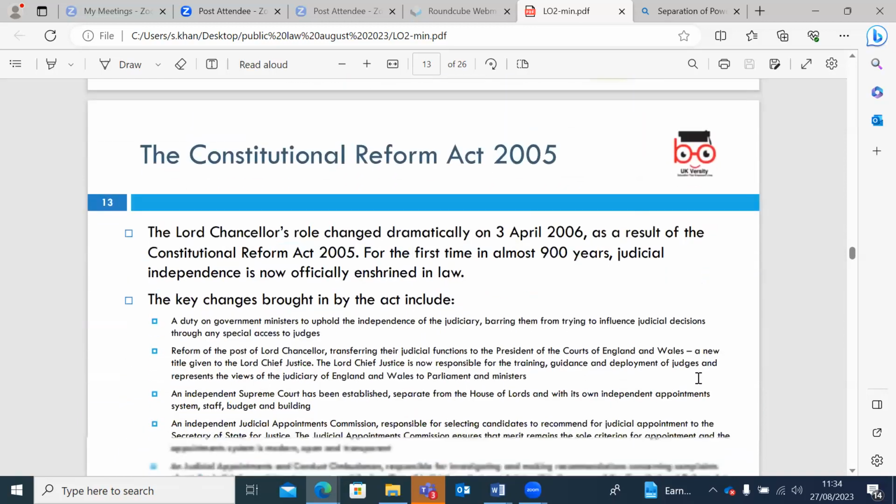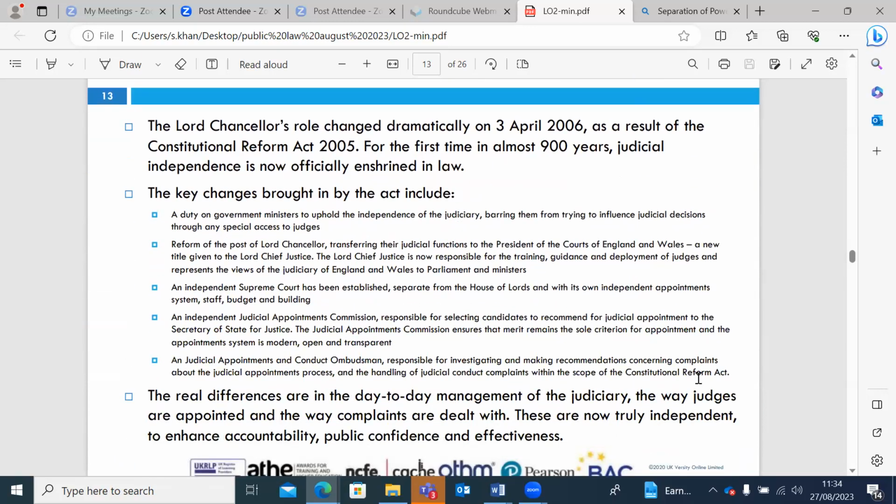The Constitutional Reform Act 2005. The Lord Chancellor's role changed dramatically on 3rd of April 2006 as a result of the Constitutional Reform Act 2005. For the first time in almost 900 years, judicial independence is now officially enshrined in law.